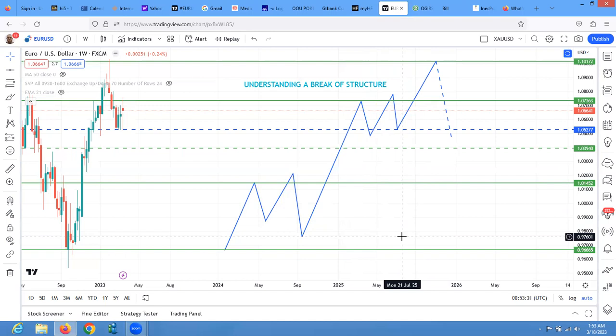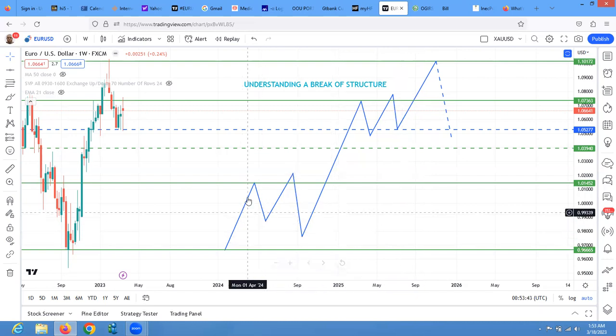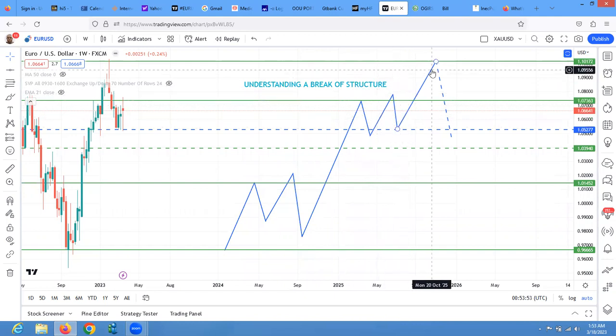And when it gets complex, you can have a double two or a double three. But a simple Elliott wave is where you see this one as the first wave, this in the middle has a second wave, this as a third wave, this as a fourth wave, and this is the last wave. And then we have this one coming down.